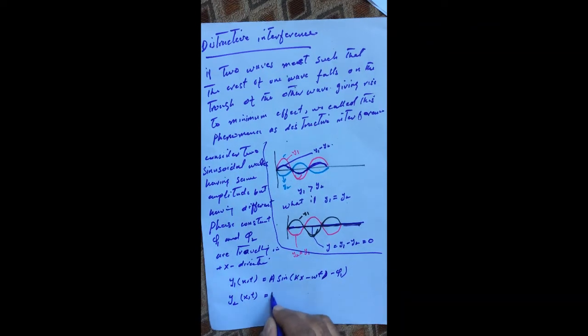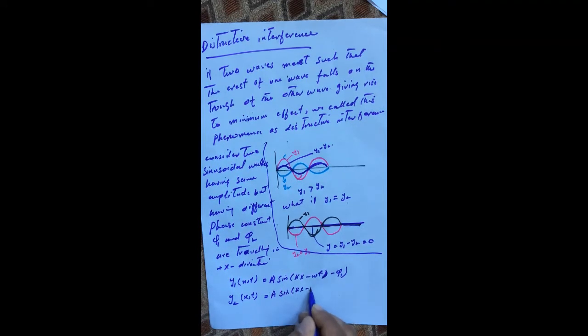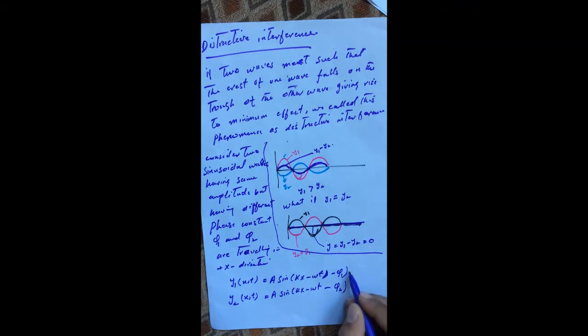They have the same amplitude and move in the same direction, so we have a sine kx minus omega t minus phi2. This is called phase constant phi1, and this is also a phase constant, which I represent by phi2.